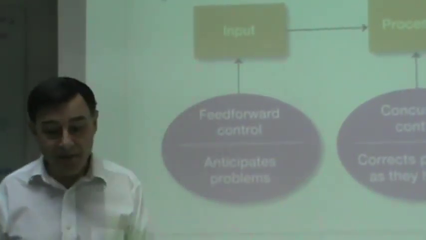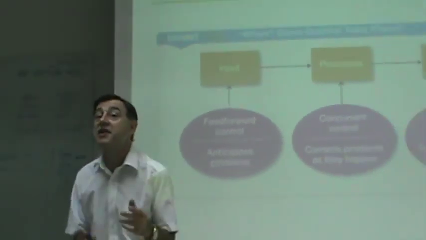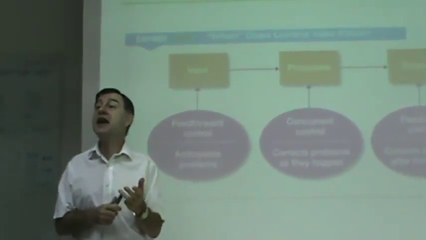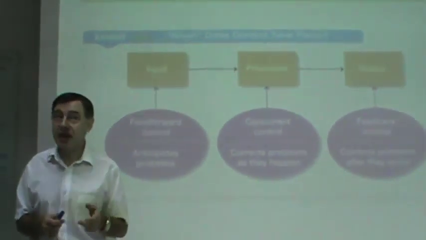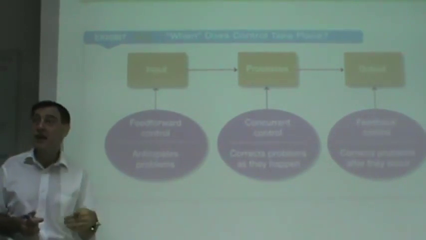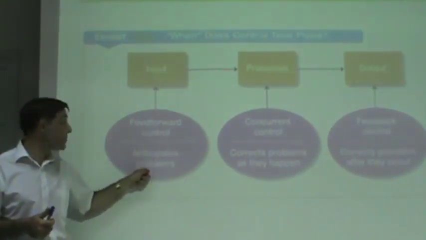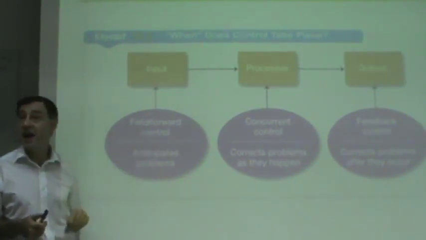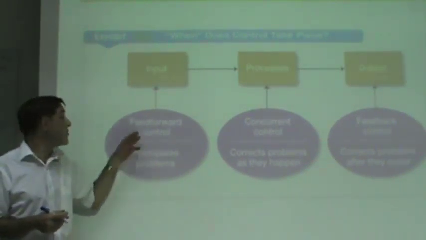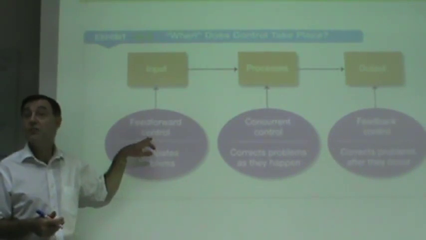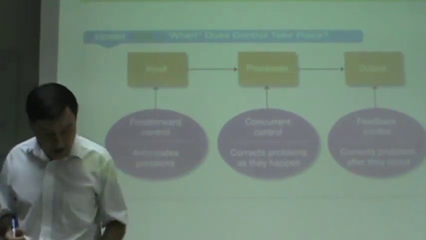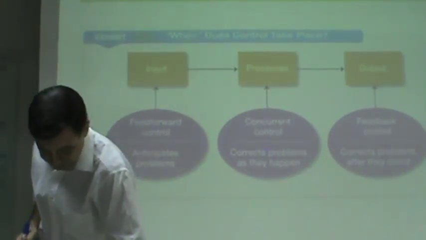For this to happen, a lot of times you need timely and accurate information. If you have timely and accurate information, you can anticipate the problems and take action before, or control before the problem occurs. So that's number one.